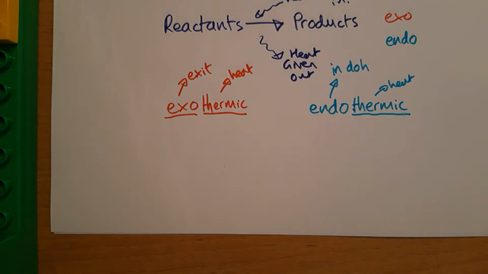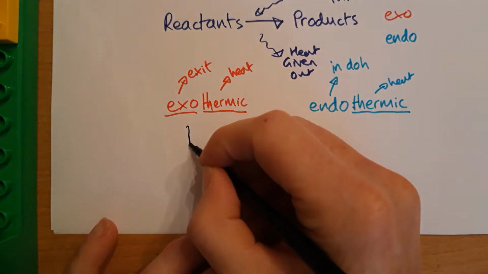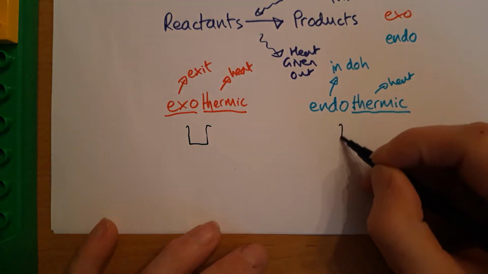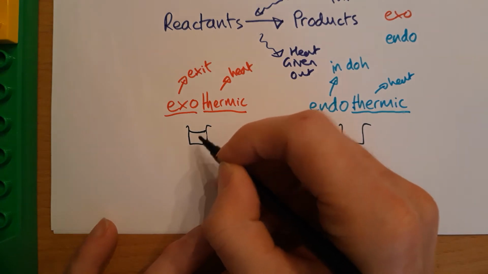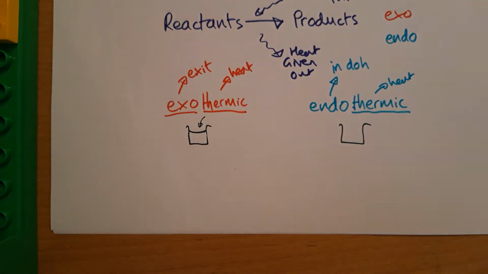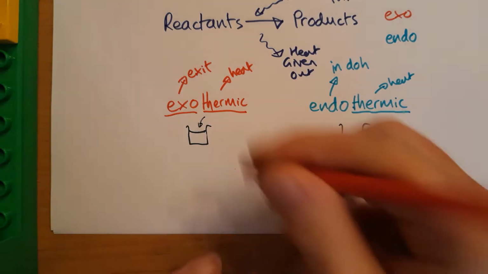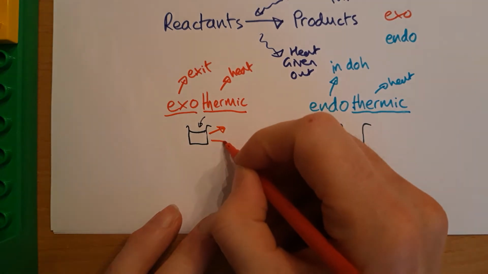I'm going to draw a little beaker to represent a chemical reaction maybe happening in a beaker. If you had an exothermic reaction with one of your reactants in the beaker and you put another reactant in, what you would see is that the heat in the reaction would leave.